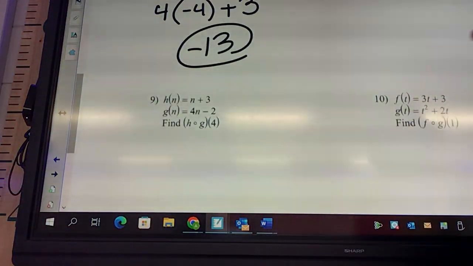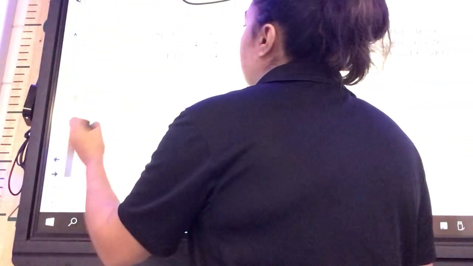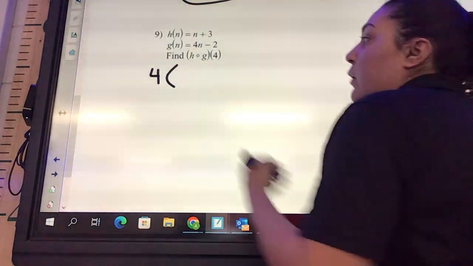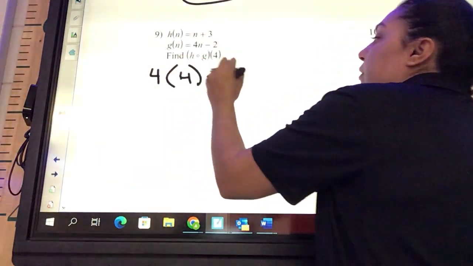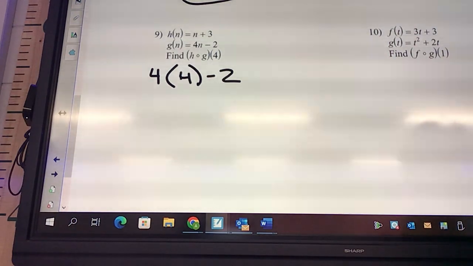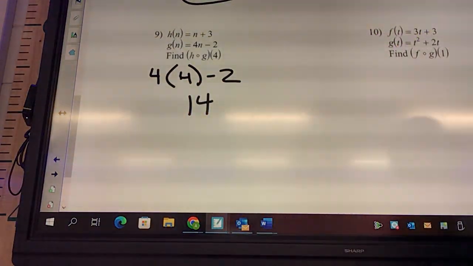Okay, last one. What are we starting with? H or G? We're starting with the G. Okay, so I got 4, and instead of N, what am I writing? 4 minus 2. 14. Okay, now what?